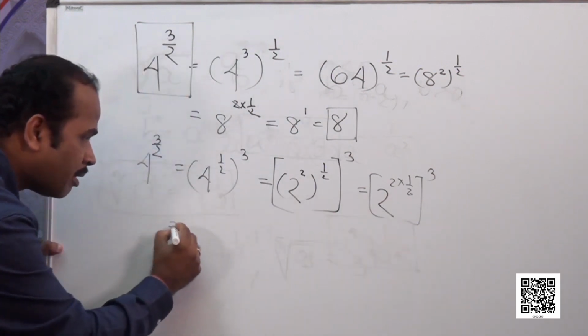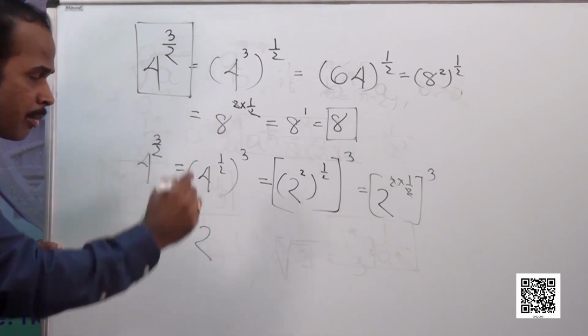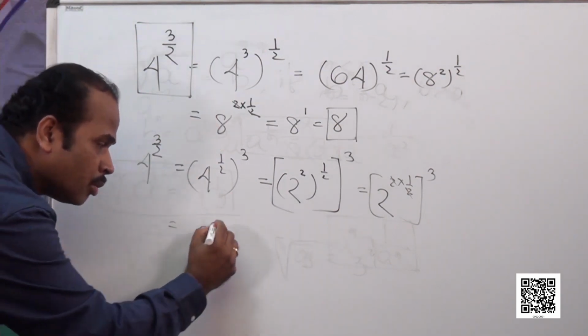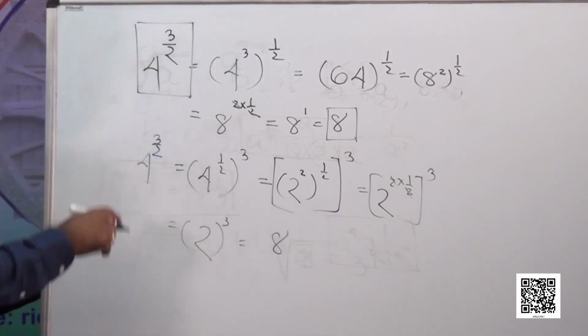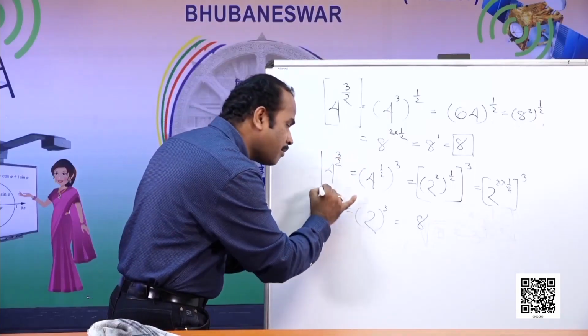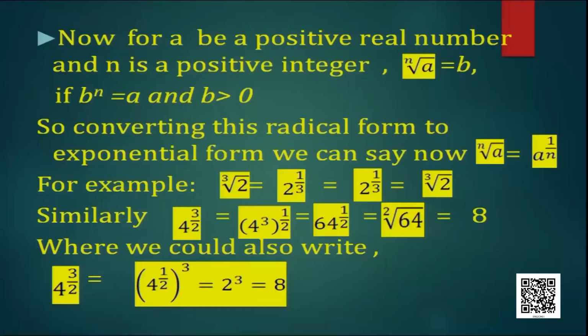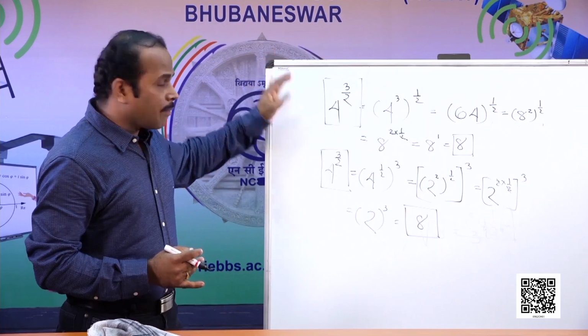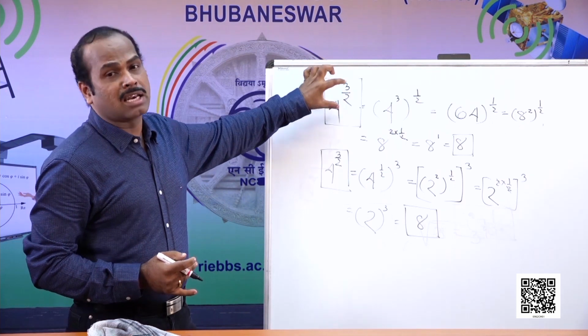This expression you will find is 2, because 2 and 1 by 2 cancel. 2 to the power 1 is only 2, whole to the power 3. So finally 2 to the power 3 becomes 8. In such case also we get the same value but by a different method. So this is the application of laws of exponents when the exponents are rational numbers.